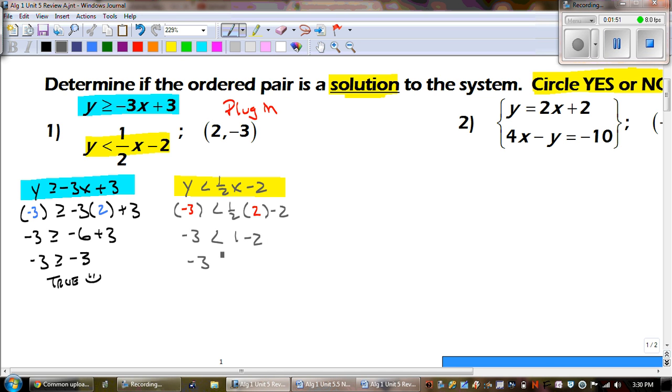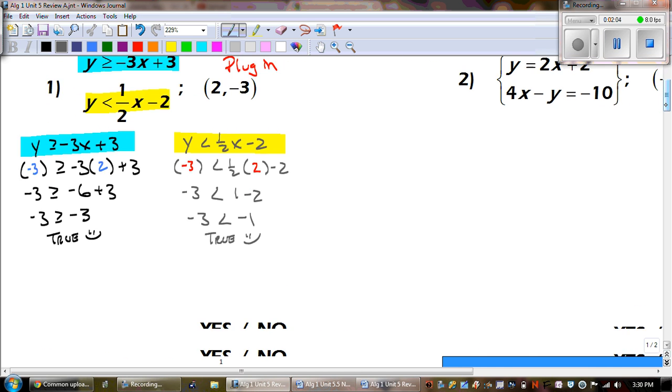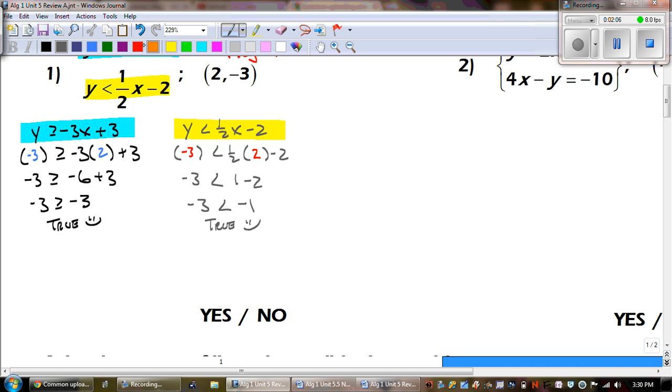So we have negative 3 is less than, well, 1 minus 2 is negative 1. Is negative 3 less than negative 1? And that is true. So the answer for the first one is yes.